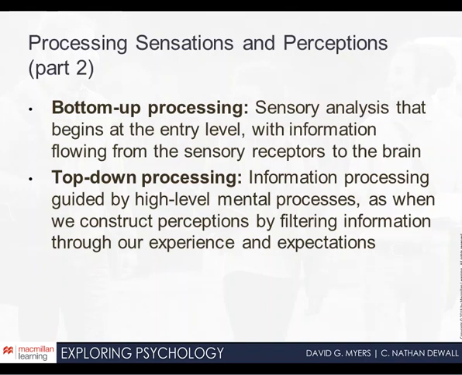Top-down processing, information processing guided by high-level mental processes. That's when we construct our perceptions by filtering information through our experience and expectations. So the key item here is that with top-down processing, what we expect to see plays a role, and our past experience plays a role too, in what we're going to perceive.